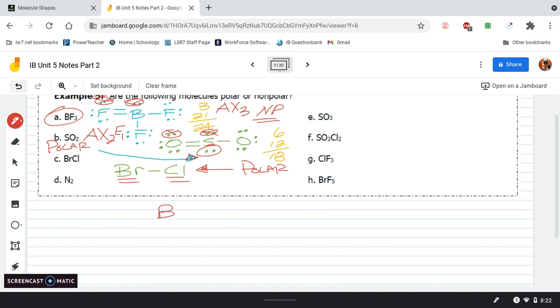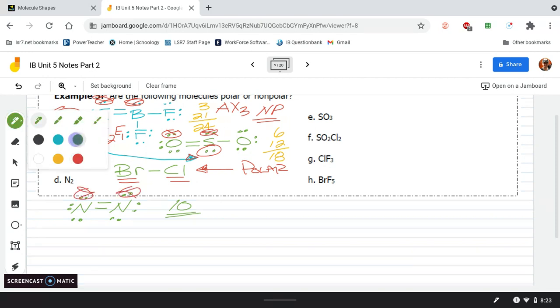Now, if it was just 2 bromines, or I guess we can just do the next example. Look at the next example. Also don't have to do a lot of work because the next example is two identical atoms. So this is going to look equal on all sides. Now we can go ahead and do the dot structure, but it's not going to change anything. This is going to look the same on all sides. Target number on this one is 10 because they're both 5s. This is 14. So what you're going to end up doing is you're going to go, okay, get rid of those, add another one, get the triple bond, get rid of those.